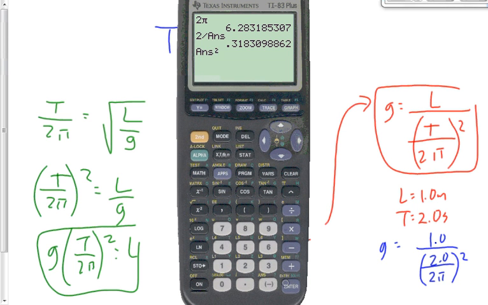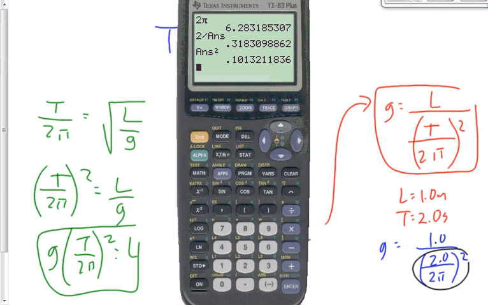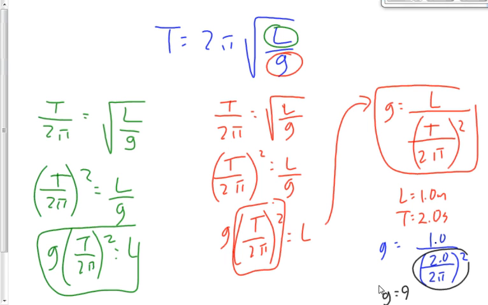So now I got this number here circled in black, which is 0.101. Now all we're going to do is say that top number 1 divided by that bottom number, 0.101, ends up being equal to 9.86 or 9.87. So G in this case is 9.9 meters per second squared. Is that okay? Jacob, is that good?